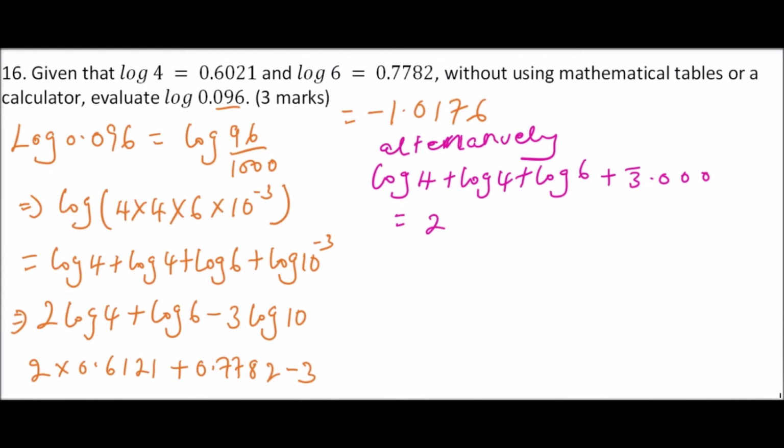When you add, you should be able to get 2 multiplied by 0.6021, that should give 1.2042, plus 0.7782, and then we have plus bar 3, which is the same as the logarithm of 1 over 1000.